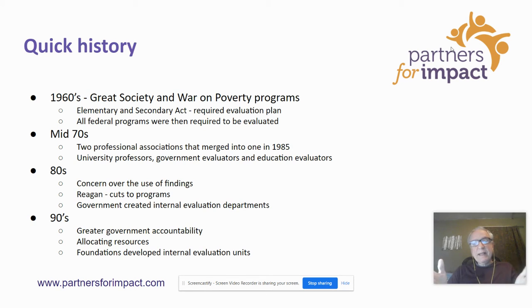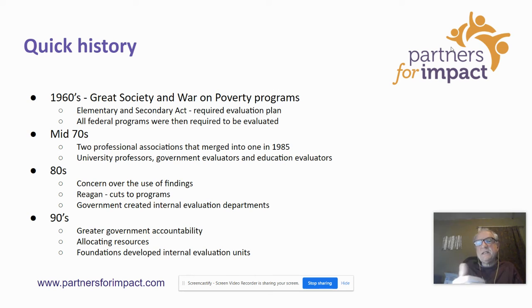This is a slide, just a quick history. It started back in the 1800s when organizations were looking at the quality of mental health institutions, and there was evaluation going on there. There's always been evaluation in terms of how we measure children in school, right? A, B, C, D. That's an evaluation.